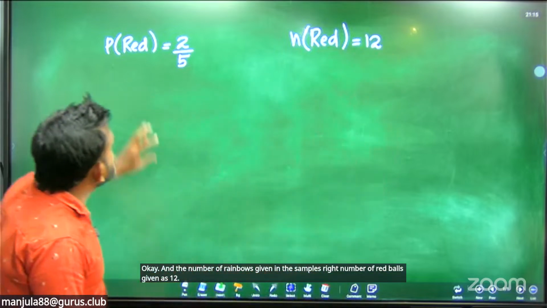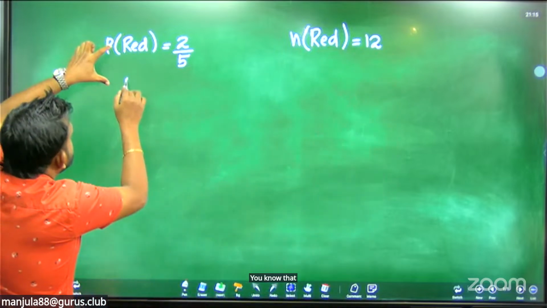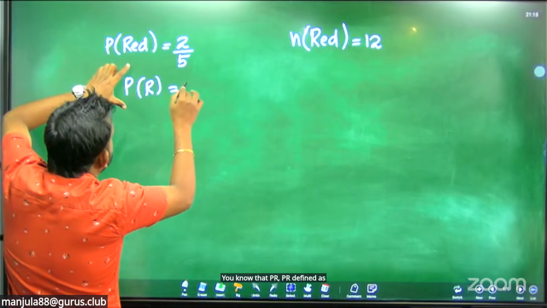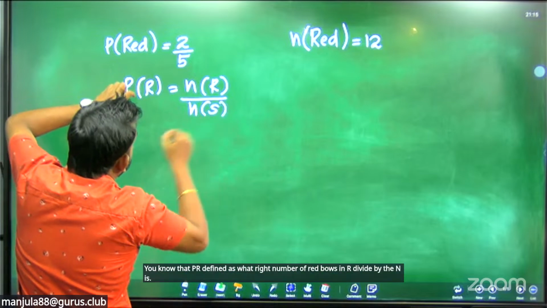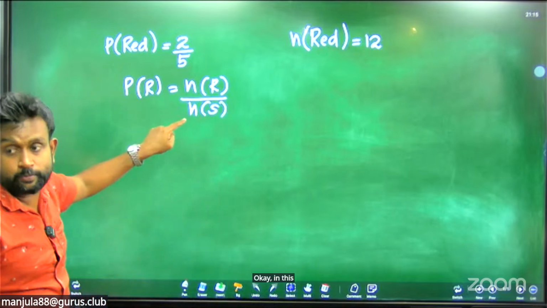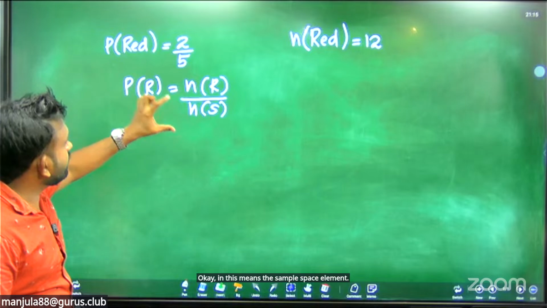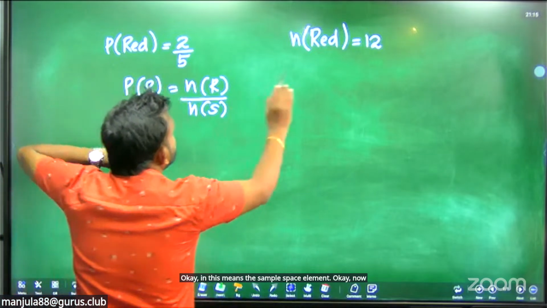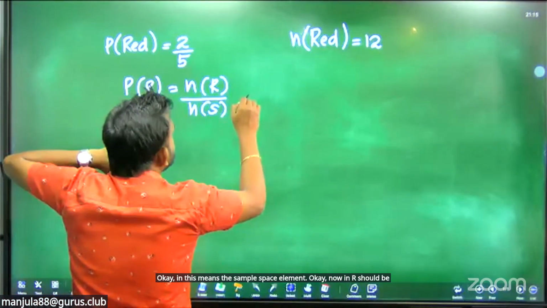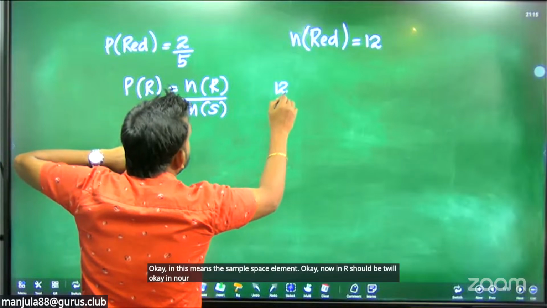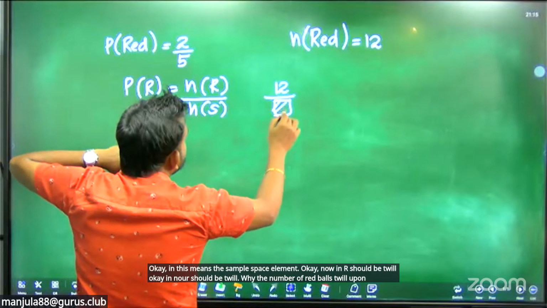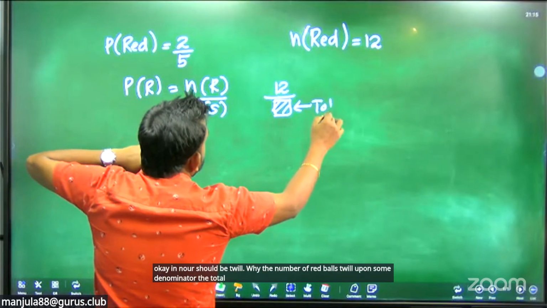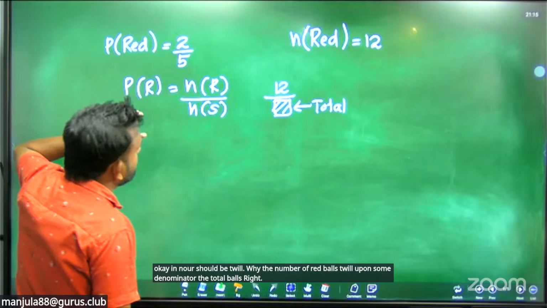You know that P(R) is defined as the number of red balls, NR, divided by NS, where NS means the number of elements in the sample space. So NR should be 12, the number of red balls, upon some denominator, the total balls. Probability is defined in that way: red balls divided by the total balls.